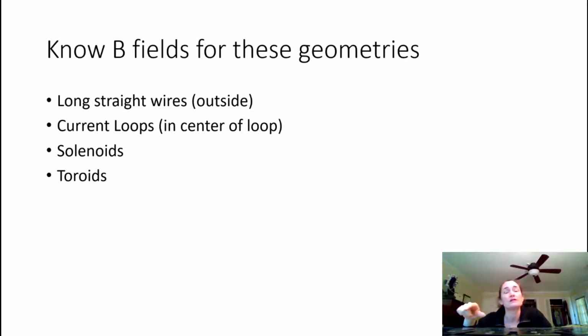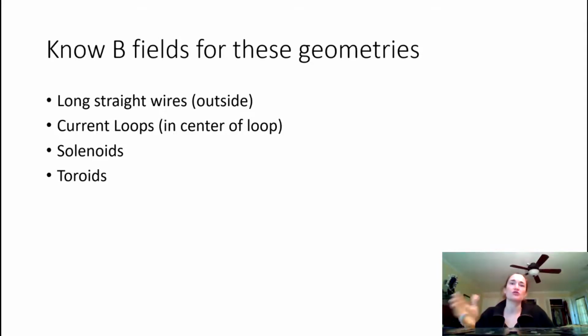For solenoids, your magnetic field is equal to mu naught n(I), where n is the number of turns in your solenoid per unit length, okay? And then I is your current. And I think toroids, right off the top of my head, I think it's mu naught I over 2 pi r, where r is the radius of your toroid, okay?